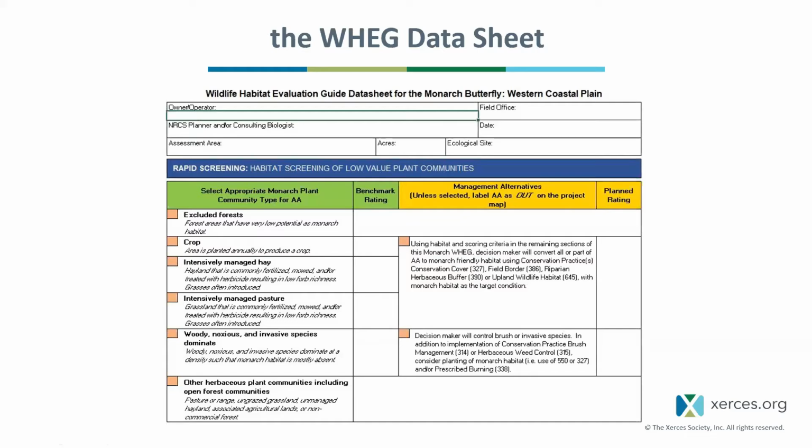If the habitat is poor or fair, then it's worthy of being improved. If it's already excellent, there's no point in doing any conservation there for monarchs. It'd be a waste of money to put a lot of money into it.